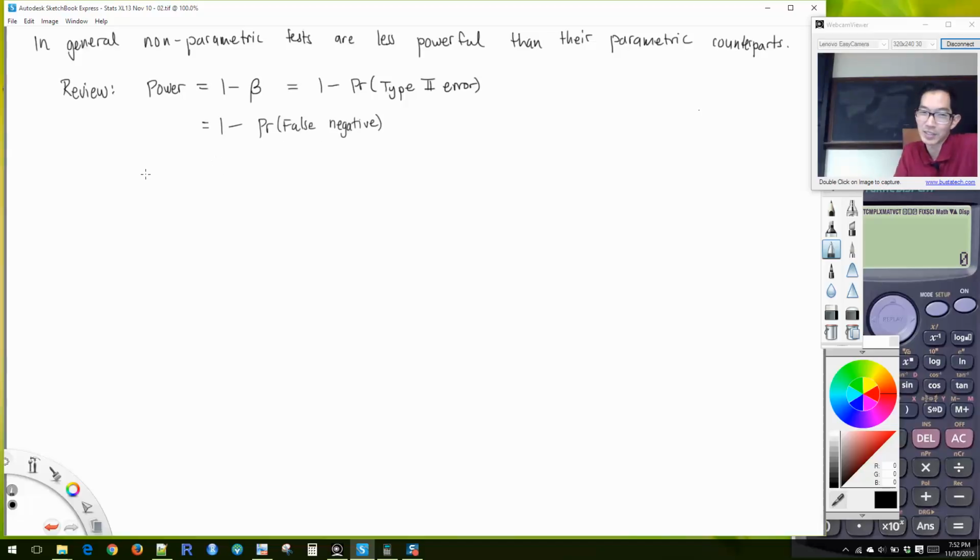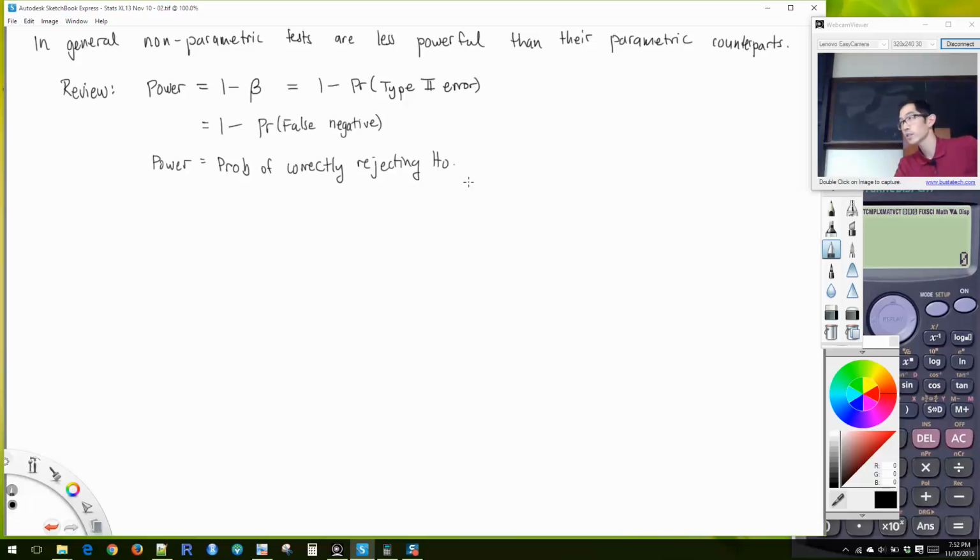Yeah. So power is the probability of correctly rejecting the null hypothesis.